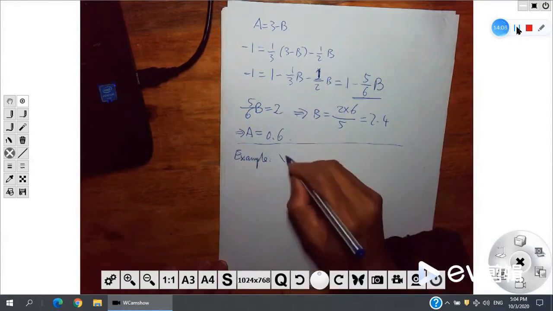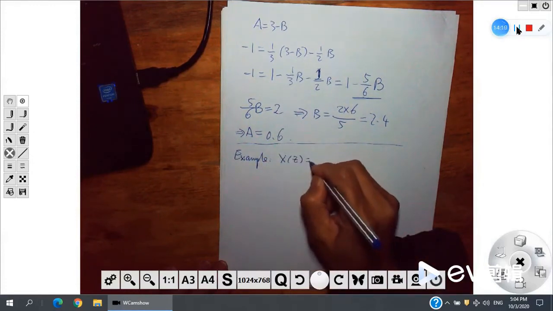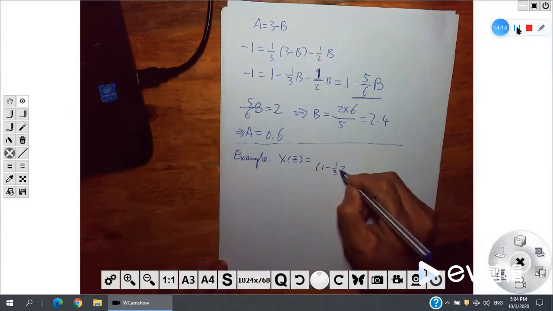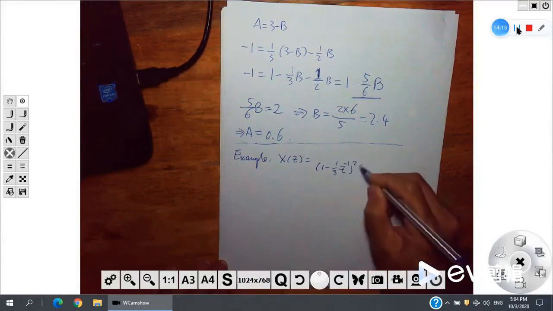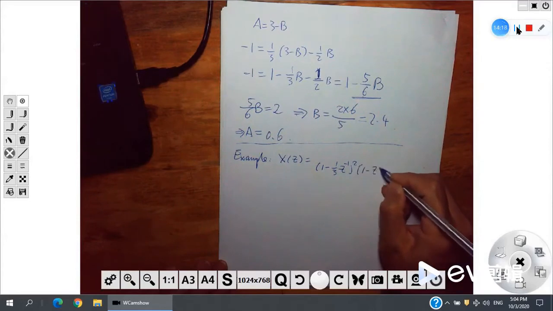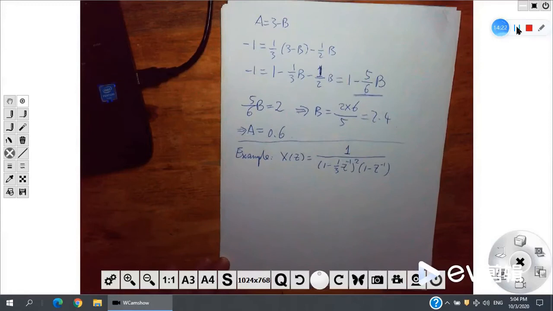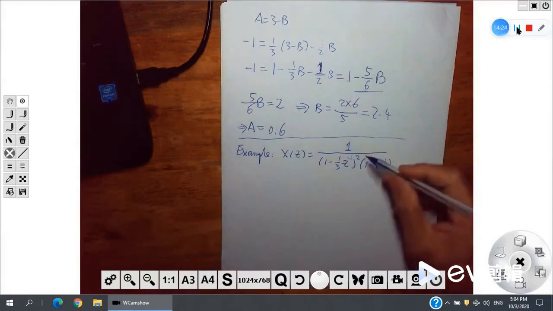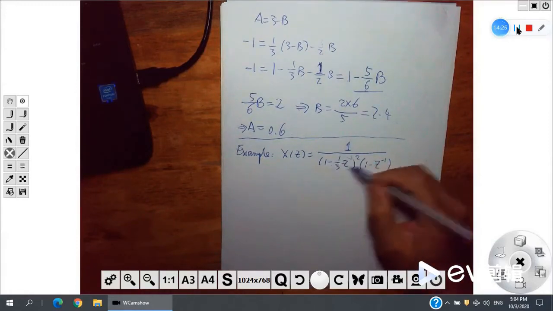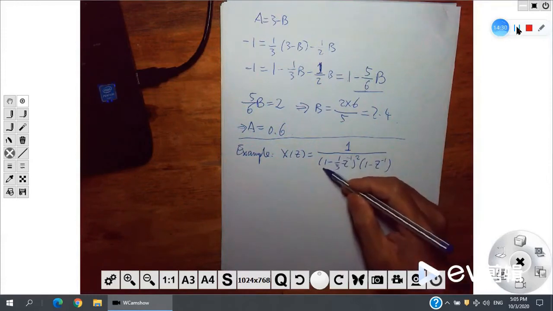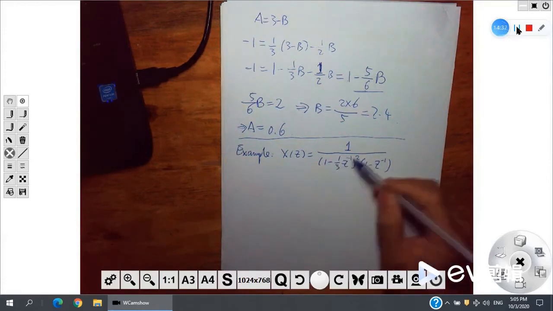I have x of z equal to 1 over 1 minus 1/3 z to negative 1 squared times 1 minus z to negative 1. Here, just 1 in the numerator. Yeah, we have the inverse terms, doesn't matter. The main point is the denominators. Then, this time, how to separate them?